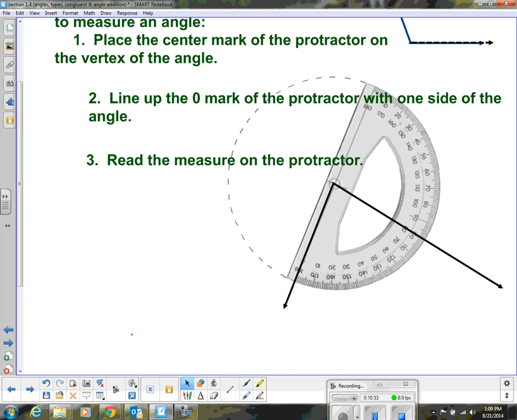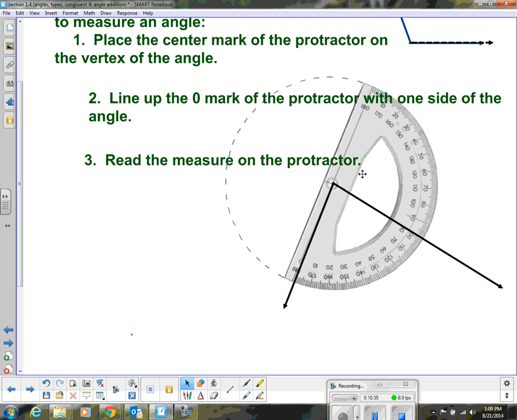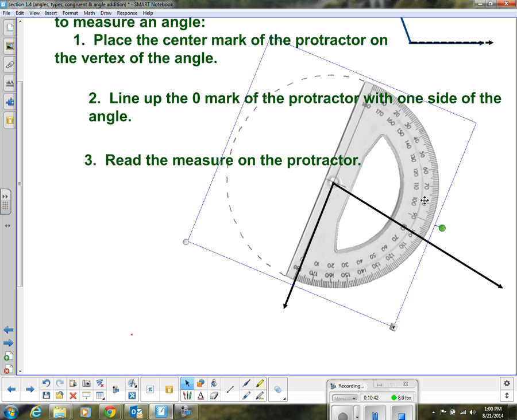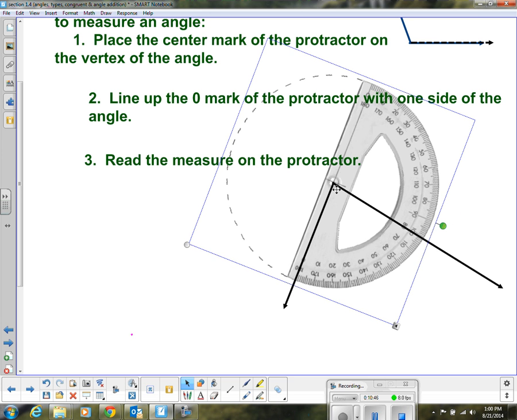And I think I'll try to keep that on my, all right. So I need to rotate this just a tiny bit more. All right, so as you can see, my vertex is on that center part of my protractor. They're all different. You got to look at yours. And I've lined up this ray along this side.